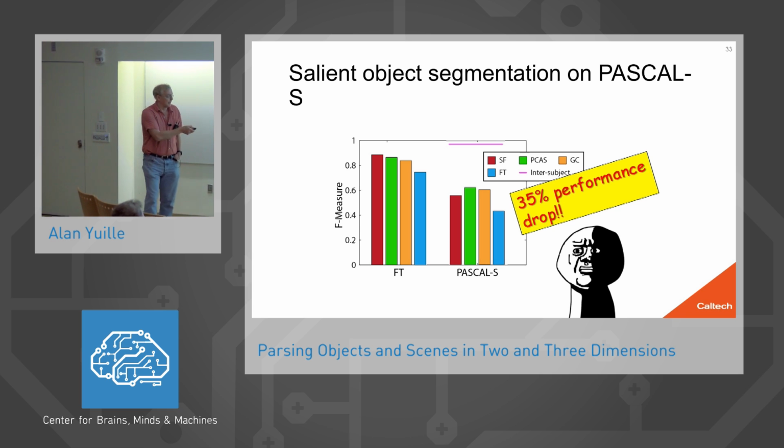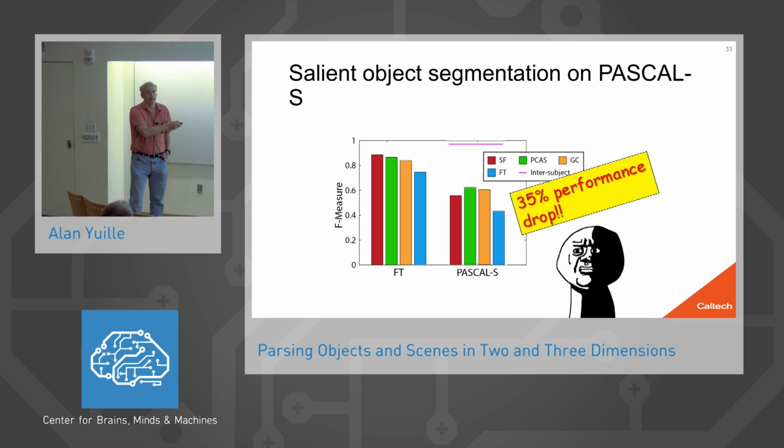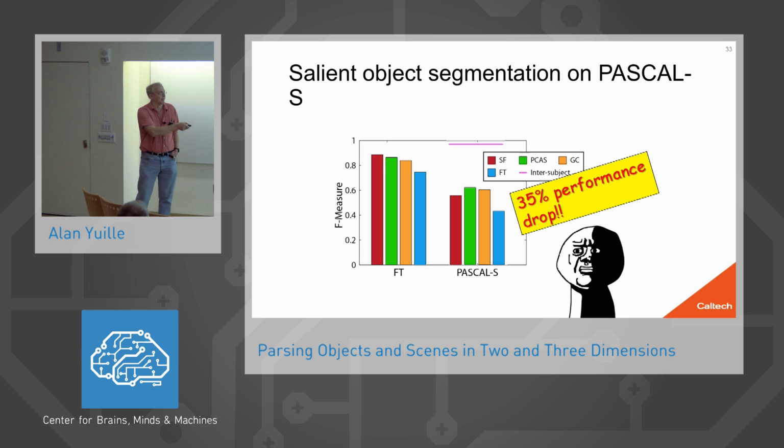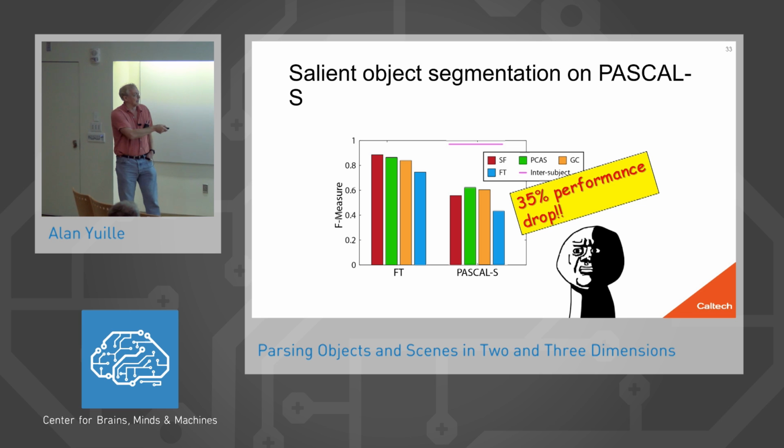Similarly here, the FT dataset was a good one to test when you were starting out, but if you move on to this Pascal label thing, you find that the performance is harder, this is arguably more realistic, and methods that work well on this data set do not necessarily transfer to those ones.